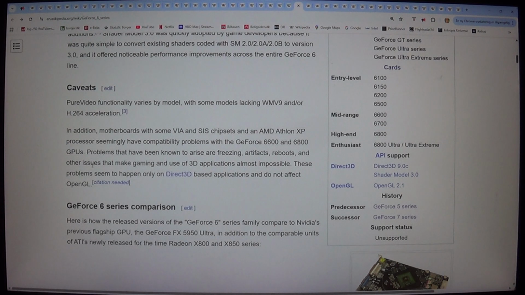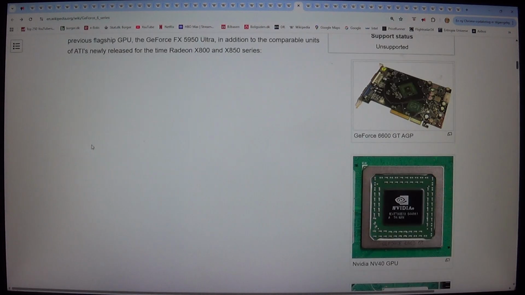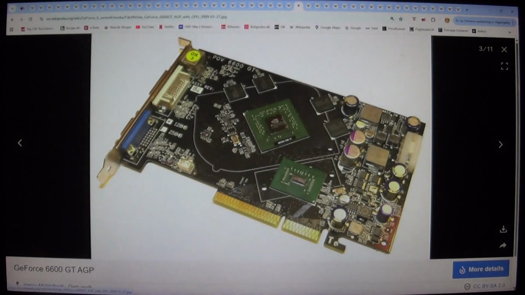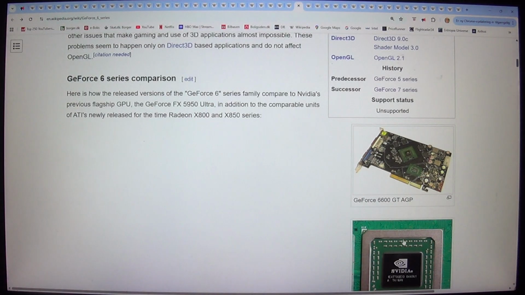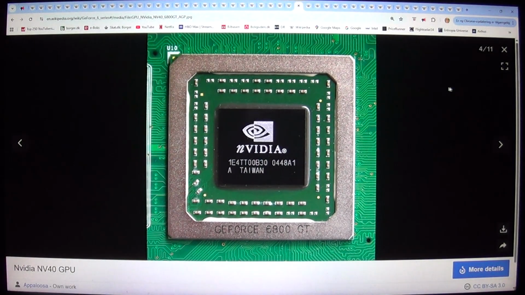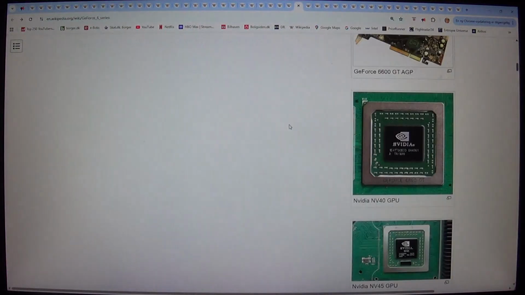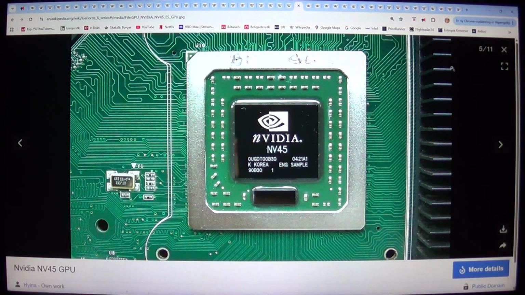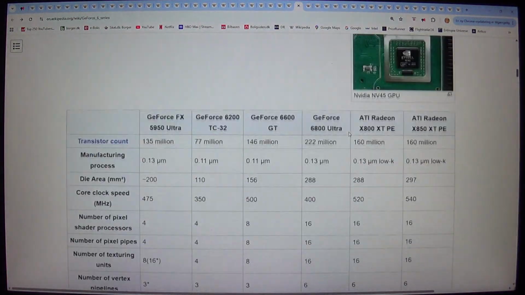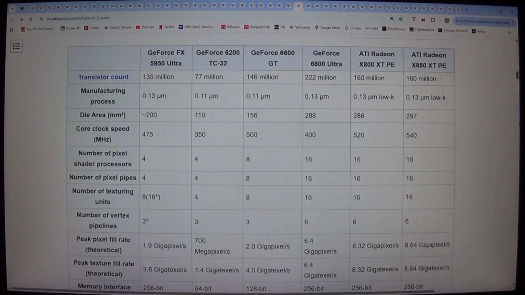GeForce 6 series comparison. Here is how the released versions of the GeForce 6 series family compare to NVIDIA's previous flagship GPU, the GeForce FX 5950 Ultra, in addition to the comparable units of ATI's newly released, for the time, Radeon X800 and X850 series.